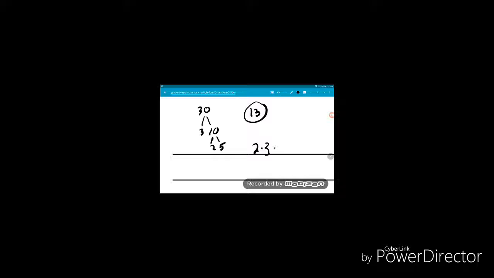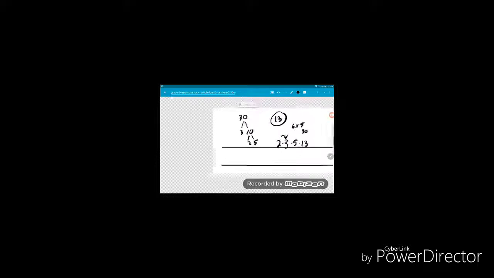What's another prime that we have? 5. What's the most times it shows up? Just once. What's another prime we have? 13. It only shows up once. So if we multiply that out, this is 6 times 5, which is 30. Times 13.